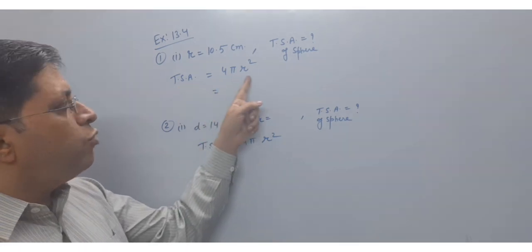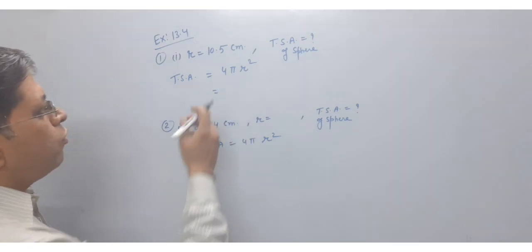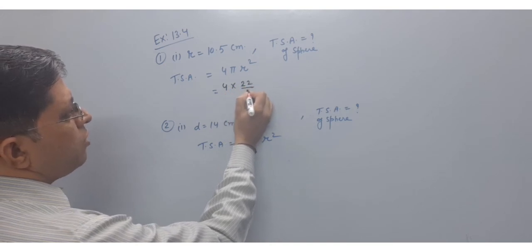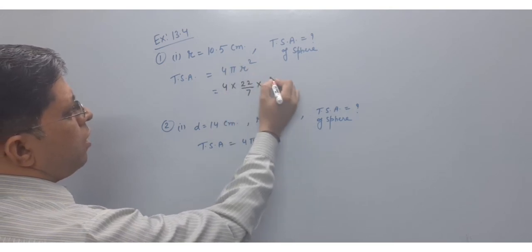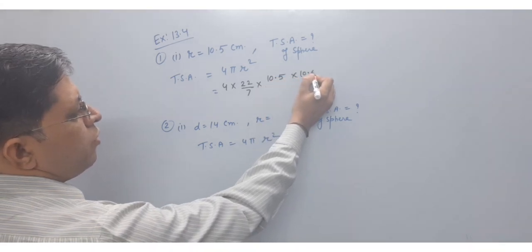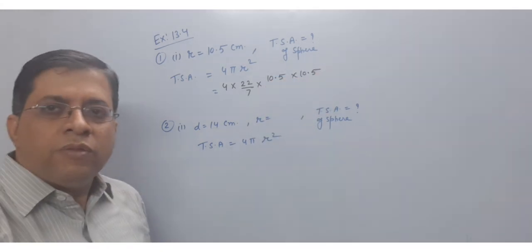TSA of sphere is 4 pi r square. 4 is 4 here. Pi value is 22 upon 7. What is r? It is 10.5 into 10.5. Then what to do?